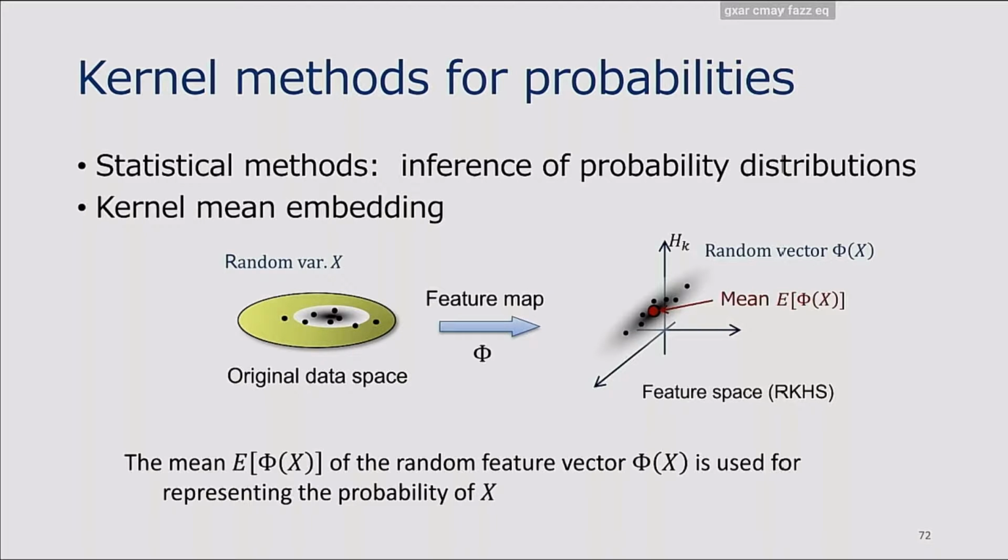For that reason, we can include all the information of the probability distribution in the mean. That is one crucial point about considering the mean on the feature space. Actually, for some classes of kernels, like the Gaussian kernel or Laplace kernel, we can prove that we don't lose information by taking the mean on the feature space because of the infinite dimensionality of the space. That is one point.